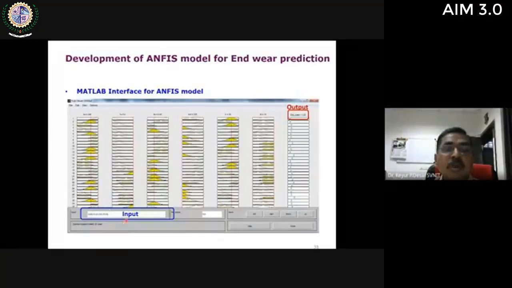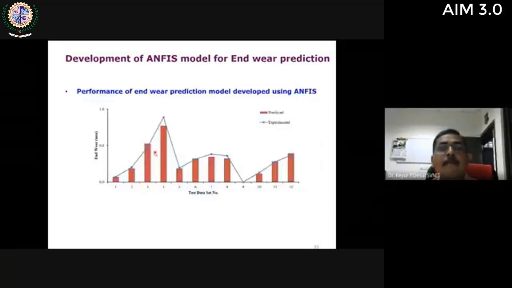This is what were the input for training, and this is what we were getting as output. This is a screenshot of the MATLAB interface of ANFIS modeling. Now, the performance of the end wear prediction model developed using ANFIS was compared with experimentation.